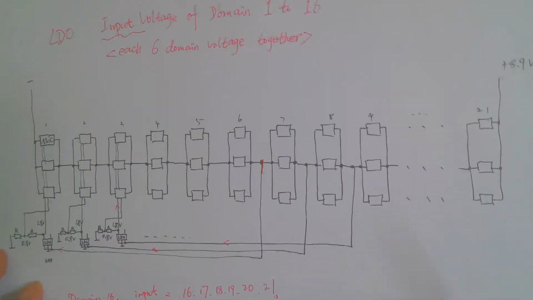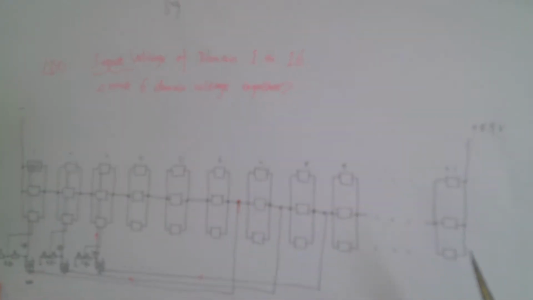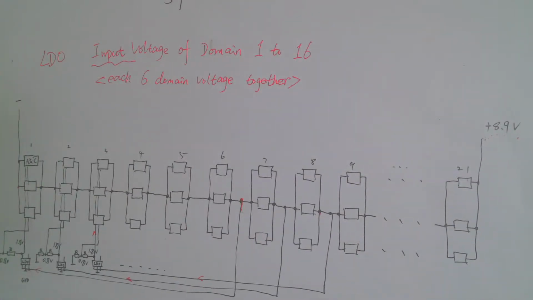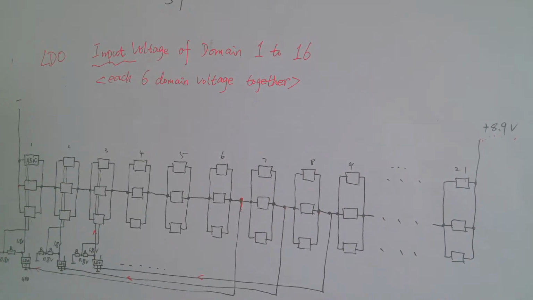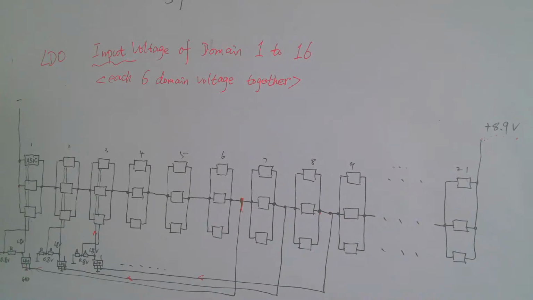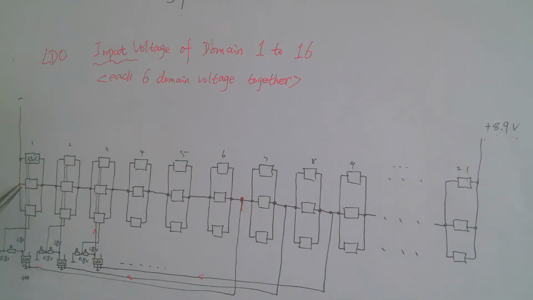Here, the DC to DC outputs 8.9 to the whole hashboard, so this is the whole hashboard's domain voltage. Averaged over every domain, each domain voltage is nearly 0.42 volts. Above is the input voltage for the chips.